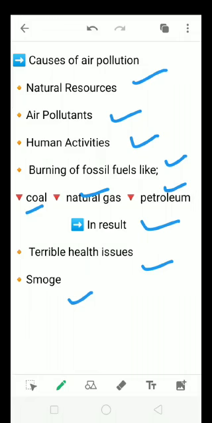Now we will read about smog. What is smog? The various types of pollutants that we find in the air above cities are classified as industrial smog. Industrial smog consists of gases and smoke emitted from industries that mix with the air on the ground.